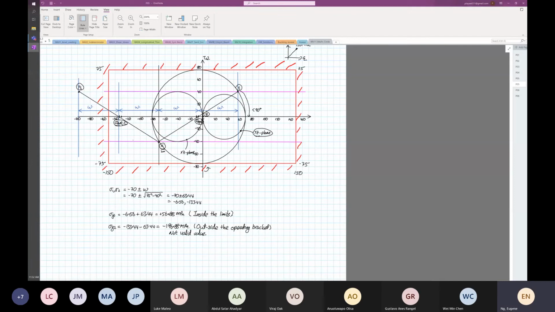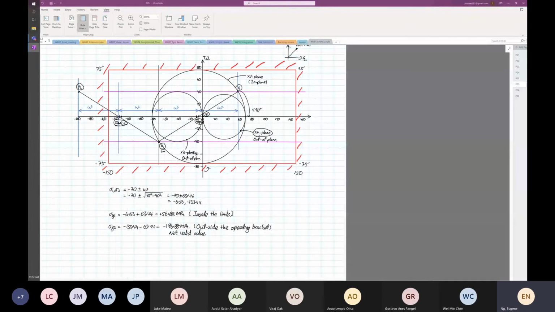And finally the biggest circle that we have drawn, this is our XY plane. So this is our in plane, and the rest are our out of plane. And this one is also our out of plane.